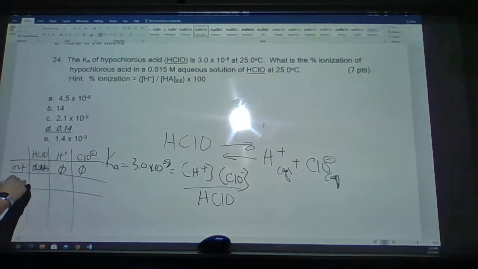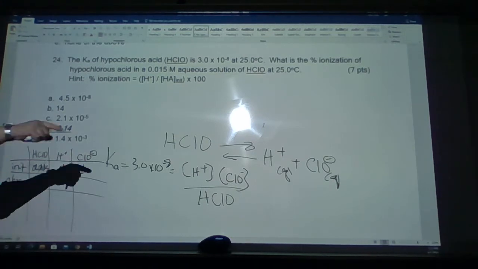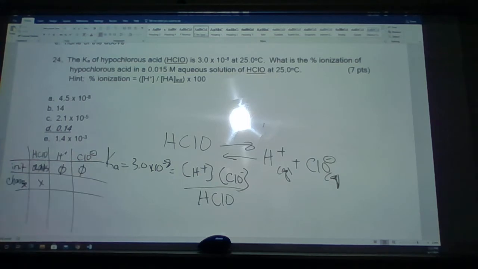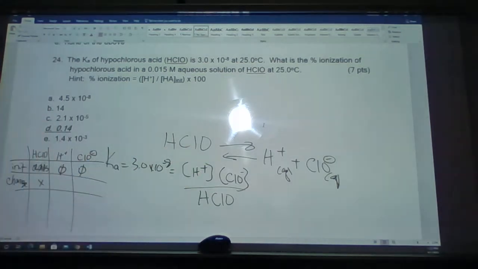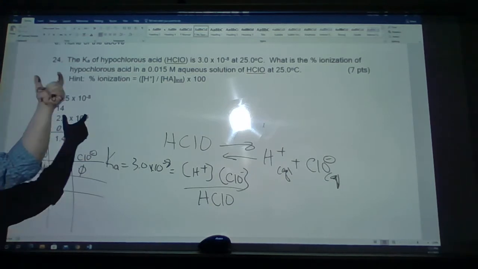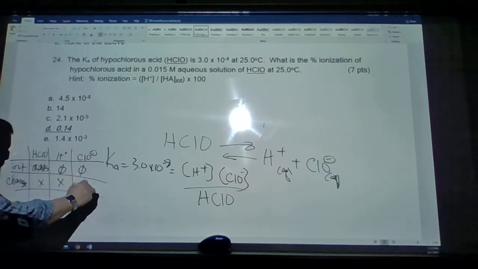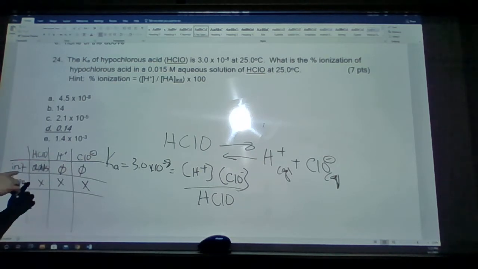Therefore, the change is X. As this reaction goes to the right, it produces H plus and ClO minus. How much H plus? Well, since this is in a 1-to-1 mole ratio, as many moles of HClO ionize, we produce X number of moles of H plus and X number of moles of ClO minus. Since HClO is a reactant, over time its concentration is going to decrease.